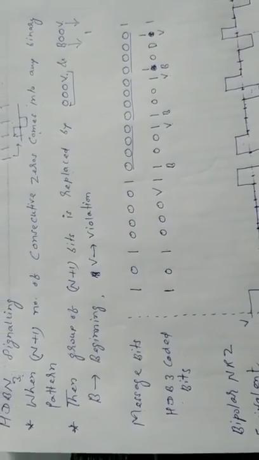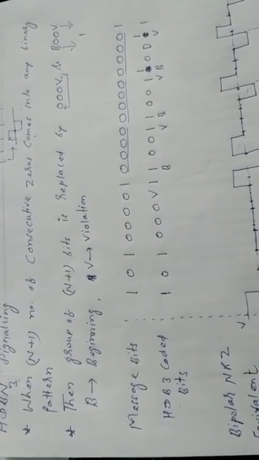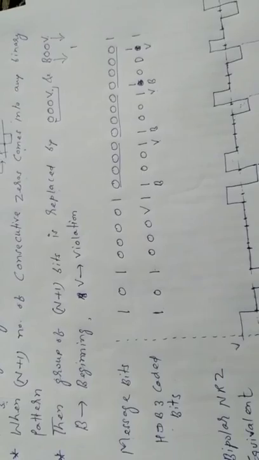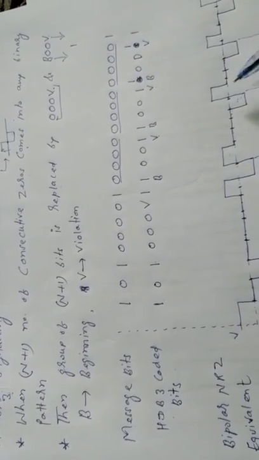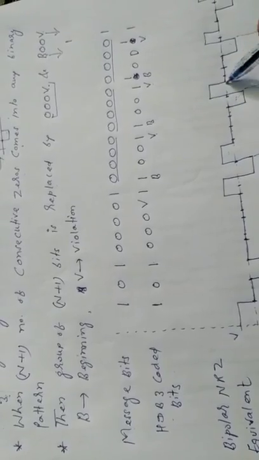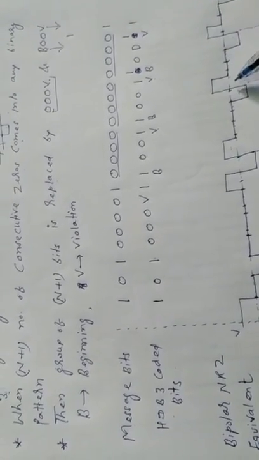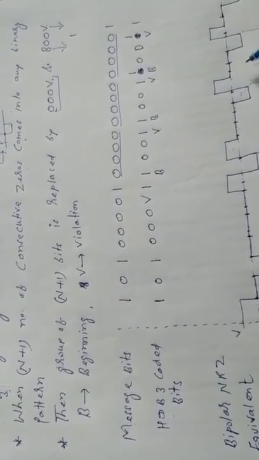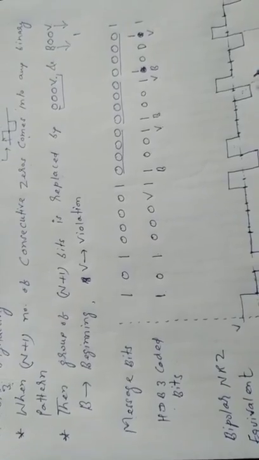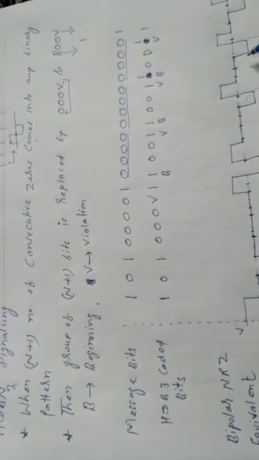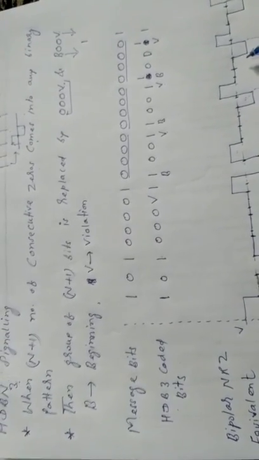Then the receiver will immediately sense that it is a repeated pattern of zeros which is coming. Next, with this change in polarity, the receiver can easily detect the timing frame. Timing frame means at what rate the bits are going to be transmitted. So carrier synchronization can be done at the receiver.